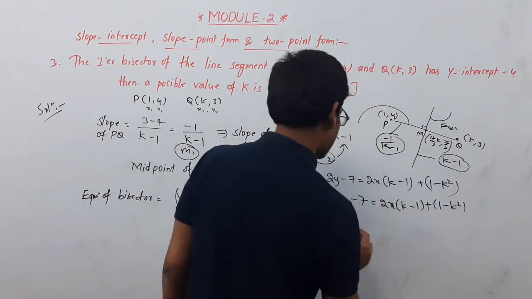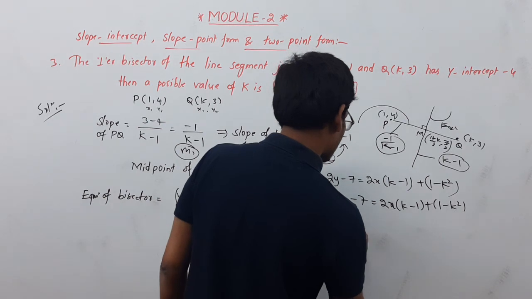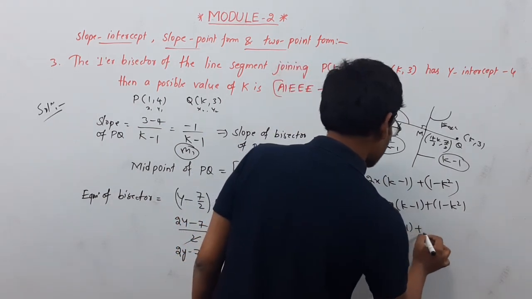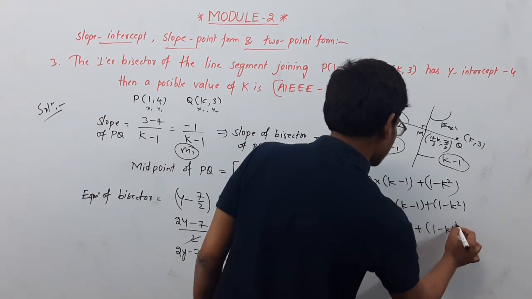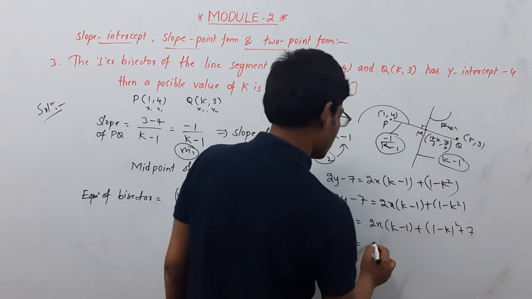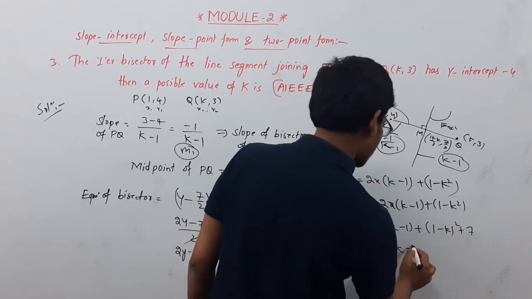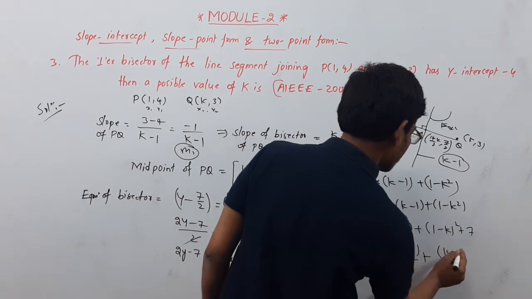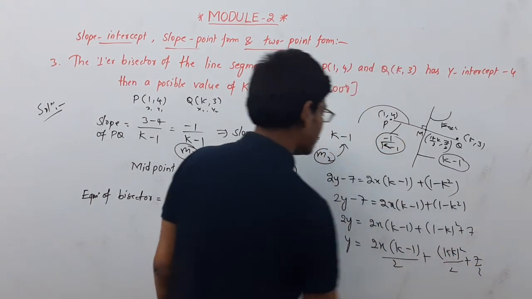Sending the 7 across: 2y is equal to 2x(k minus 1) plus 1 minus k square plus 7. So y is equal to x(k minus 1) plus (1 minus k square) divided by 2 plus 7 by 2.